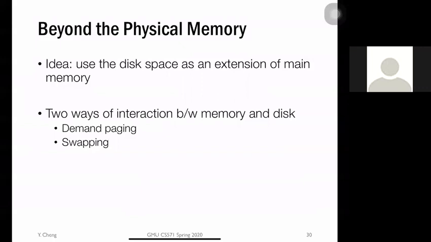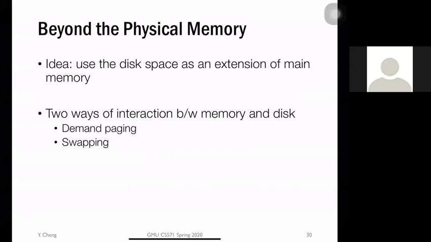And because virtual memory could virtually support a much larger virtual capacity than the physical capacity of the physical memory. The idea that backs this up is that the operating system uses disk space as some sort of extension that extends the capacity of the physical memory, so that it virtually enlarges the physical memory.